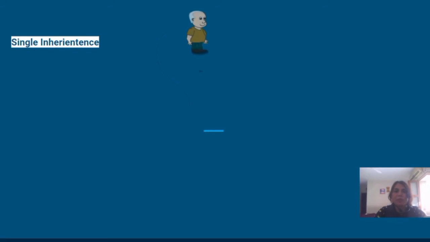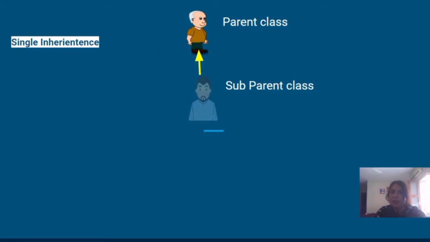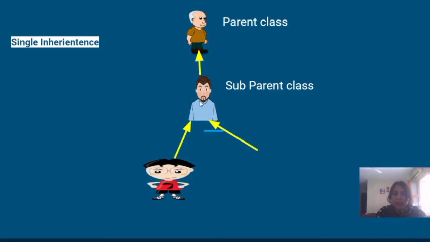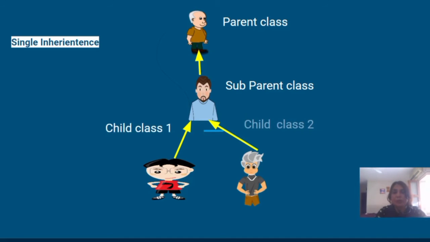See, first the combination. Here is a grandparent. We can see the parent class which has one son. This son, this parent, what will it do? It will inherit its property. So this parent has two children, child 1 and child 2. You can see this type of inheritance, what is the inheritance between these two called?